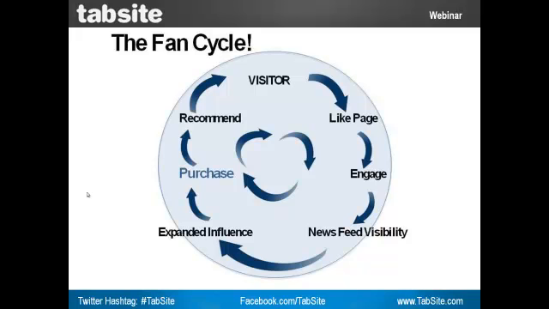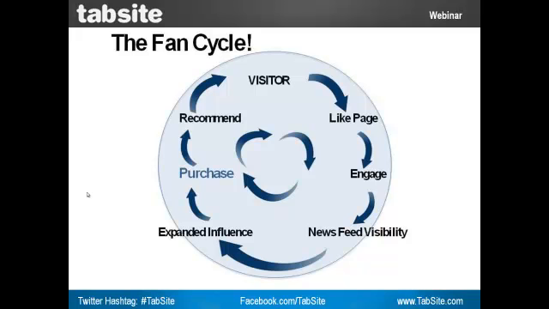So what we're talking about is the fan cycle and the ability to engage them, influence them, and work with them. So up at the top, we're starting with a visitor who somehow has come to your fan page, and one of our goals immediately, so that we can communicate with them, is going to be to get them to like the page, and then we want to engage them because that makes it so that there's newsfeed visibility in their newsfeed.